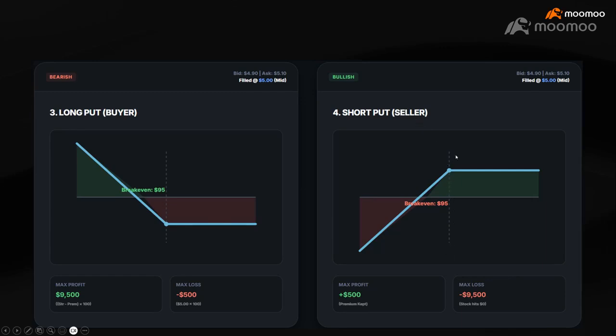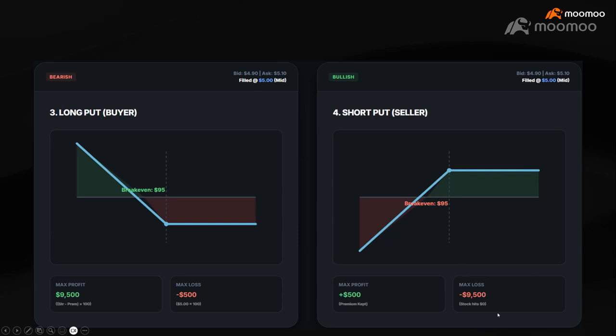So the moment you sell to open, no matter how high the prices go, the maximum profit you can get is just $500, which is the premium that you receive at the beginning. But if it goes down tremendously, the maximum loss can be quite a lot.